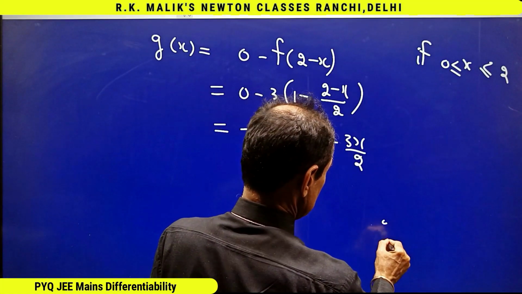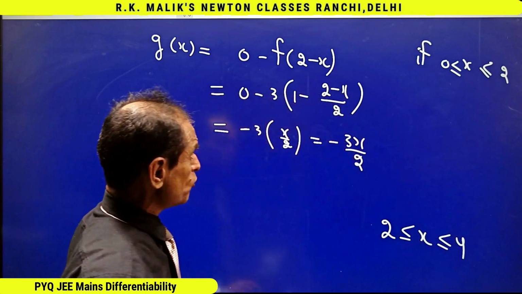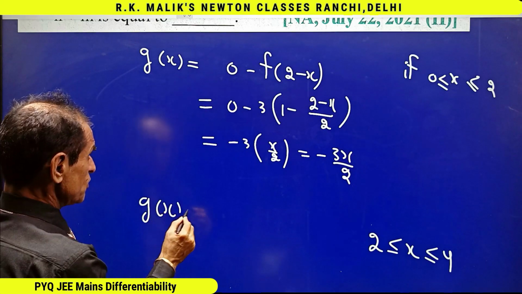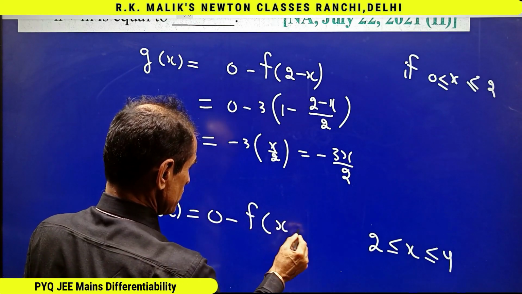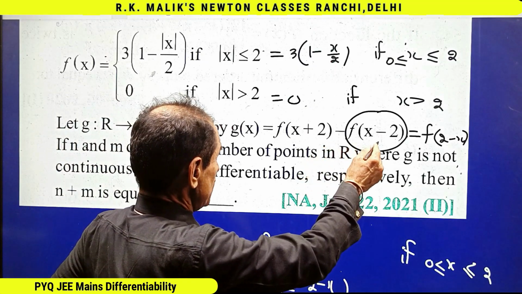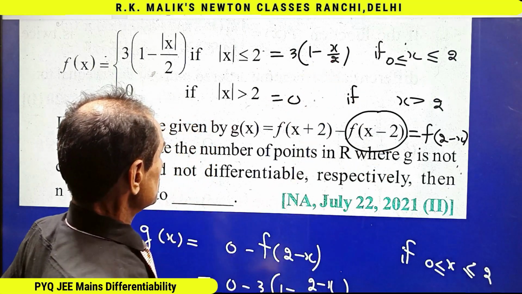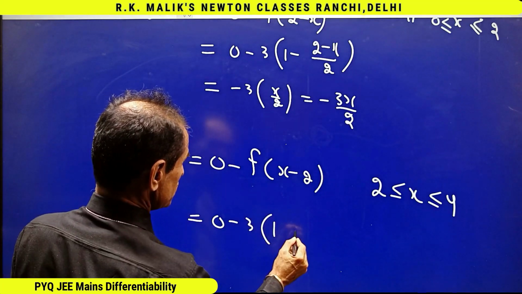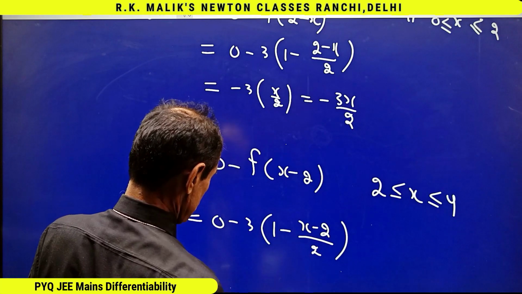Therefore, if 2 is less than or equal to x less than or equal to 4, the value of g(x) will be again 0 minus f(x minus 2). And because x minus 2 is lying between 0 and 2, using this, I will be getting 0 minus 3 into 1 minus (x minus 2) by 2.